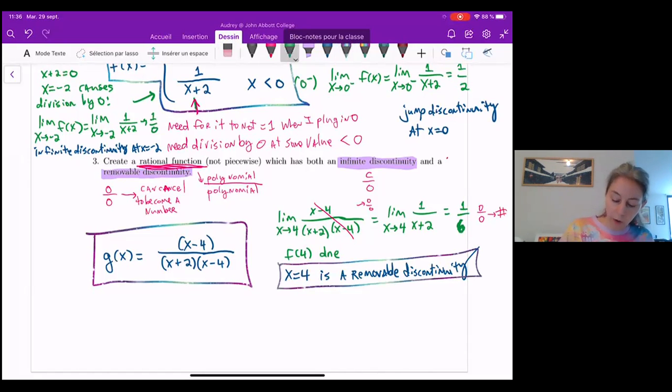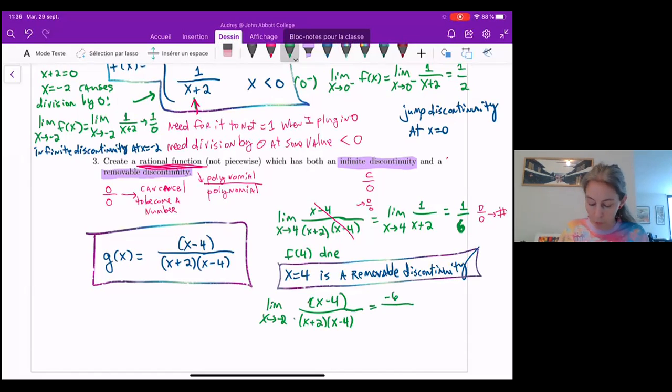And then we created our infinite discontinuity at -2. And when I plug in here, I get -6 over 0 times -6, which gives me a -6 over 0, which we know is going to be infinity or negative infinity or does not exist.